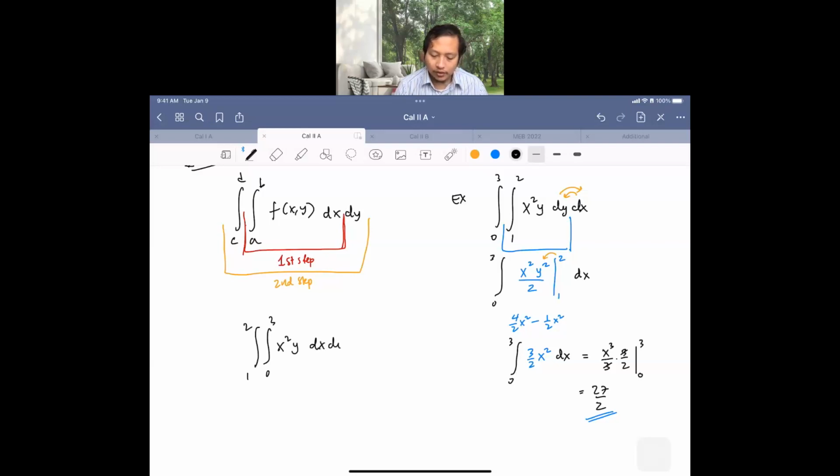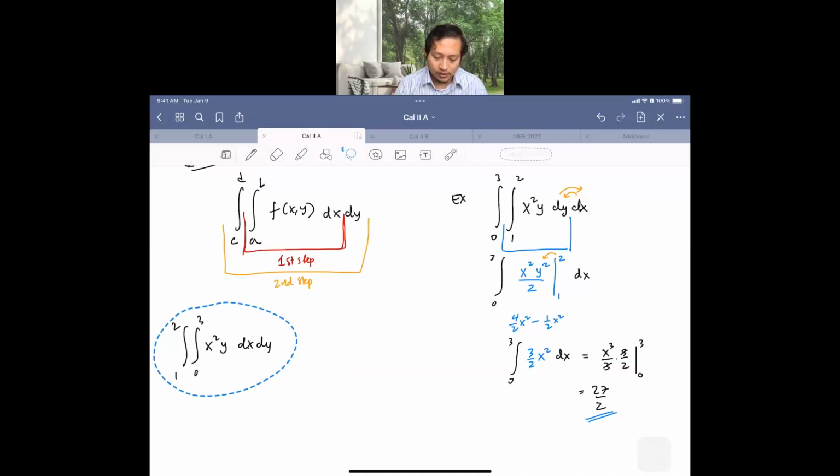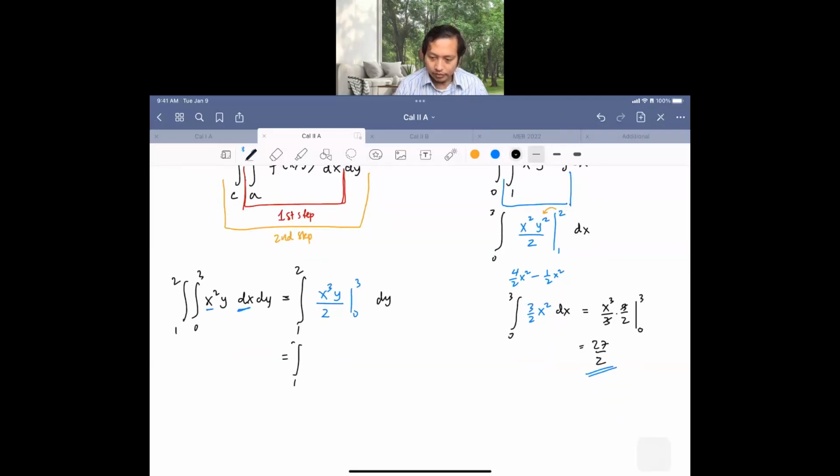Let's evaluate this part. The outside integral is still 1 and 2. The inside we will have with dx, so x squared becomes x cubed over 3 and y. Then we take from 0 to 3, and this will be dy. Still we have 1 and 2.